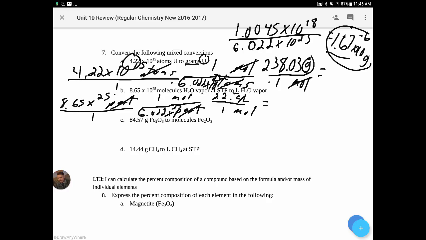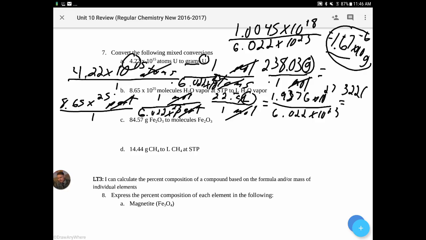We get 1.9376 times 10 to the 27th divided by 6.022 times 10 to the 23rd. Moles cancels out, and we're left with liters, which is where we want to be. So then we do our math, and we get 3,220 liters. And that is our final answer.